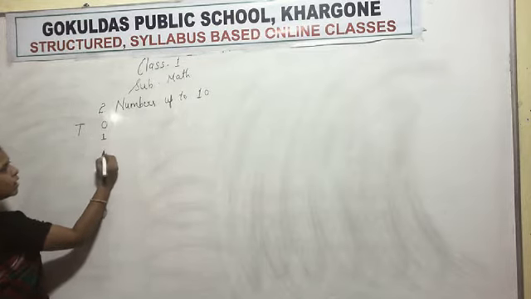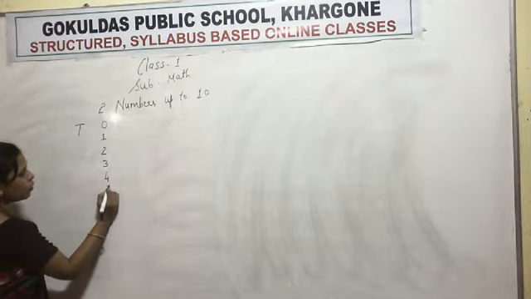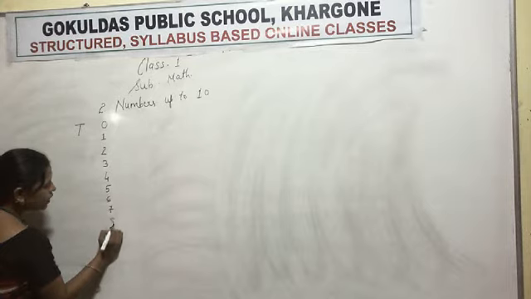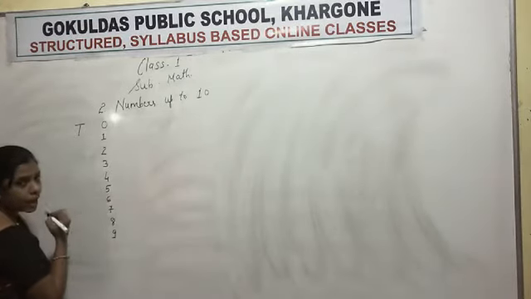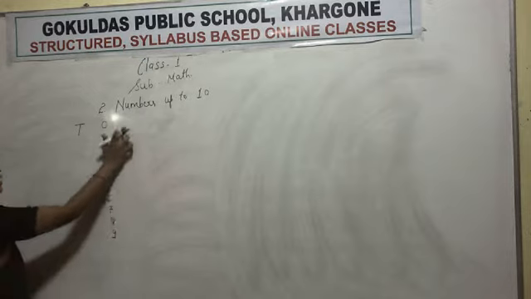So 1, 2, 3, 4, 5, 6, 7, 8 and 9 are all one digit numbers, and we place these at the ones place.